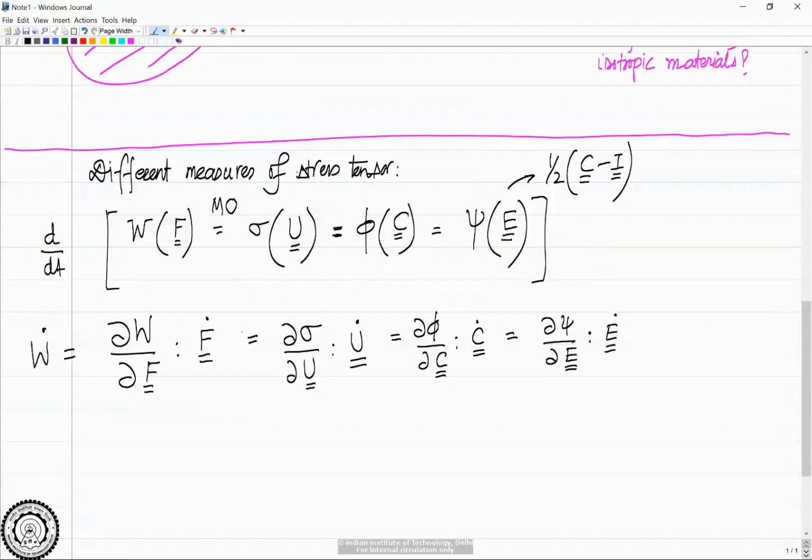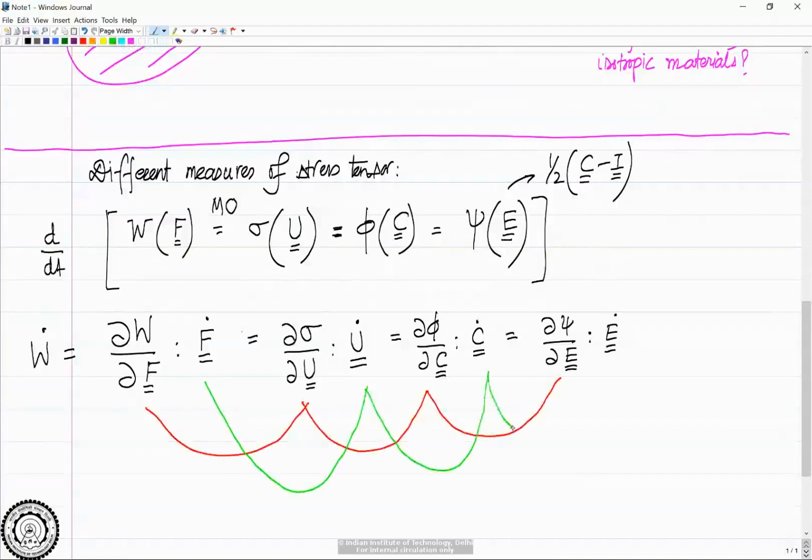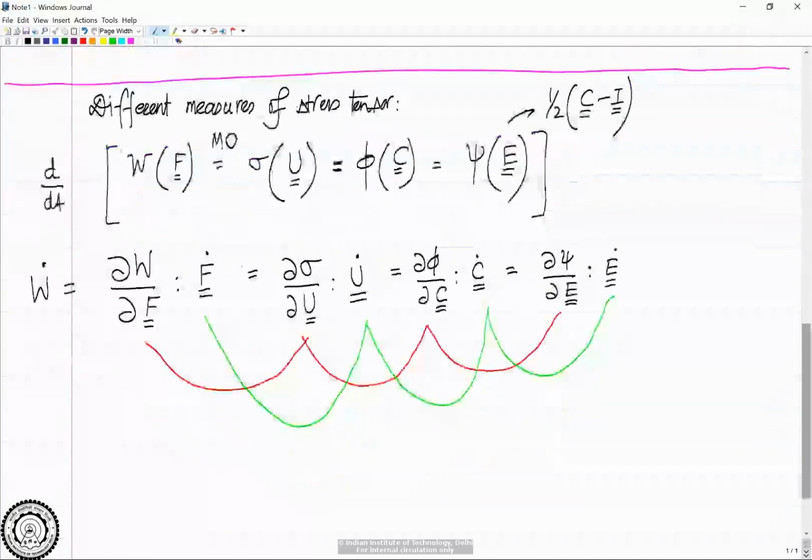And you see each of the expressions has got two terms here. The first one is this one, and then the other one is the derivative of the kinematic quantity. So they are existing in pairs. Therefore the pairs are also called energy conjugates.